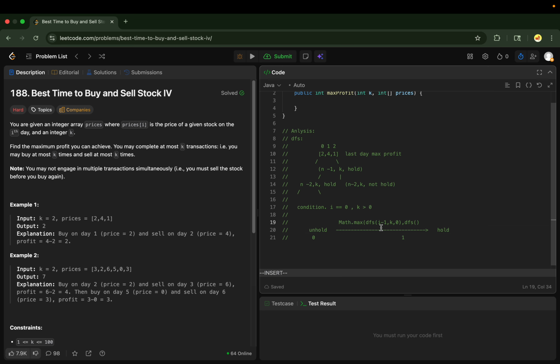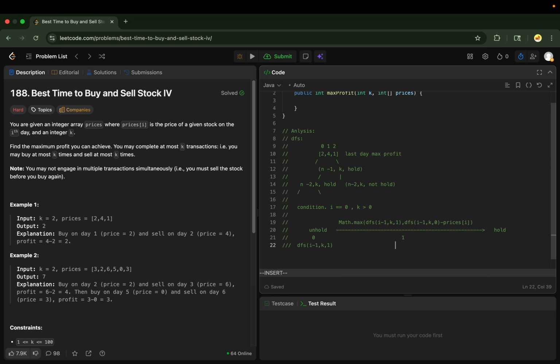This is DFS i minus 1 with the original hold, and this one is the price here. So we have to pick up the maximum of these.